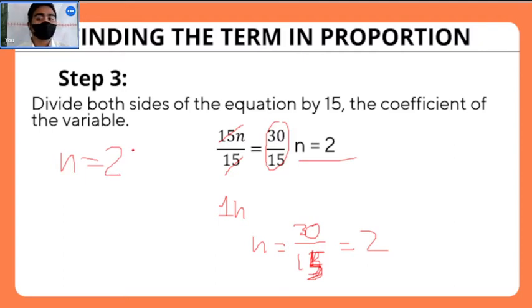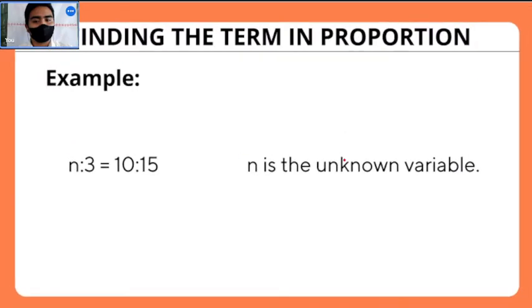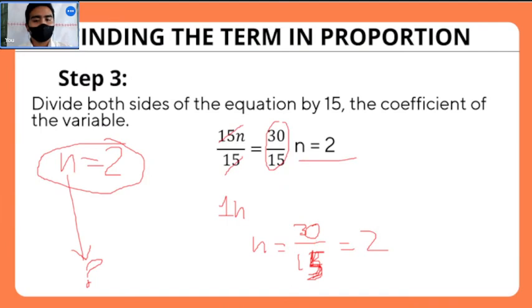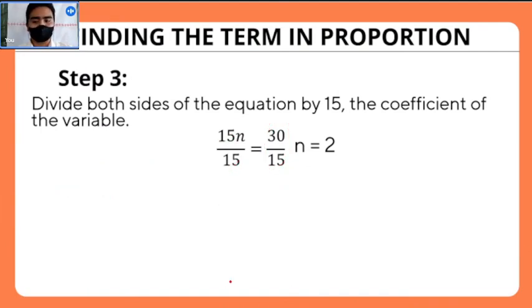We already got the value of the missing term, because n is our unknown variable. That is the term that we are looking for. So our n is equal to 2 already.